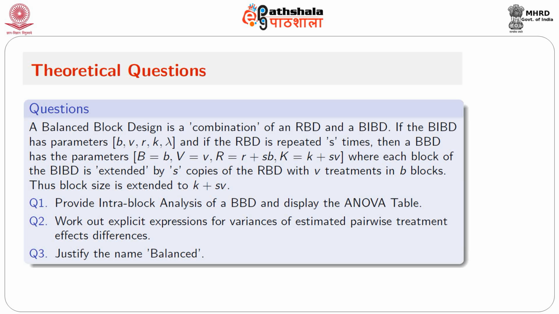Hence the variance estimates of all the pairwise treatment contrasts will have the same variance, and that is how the justification of the name balanced will come. It is a generalization of BIBD. If the block size is more than V, then you can think of a BBD extending RBD and extending BIBD. That is the whole idea.